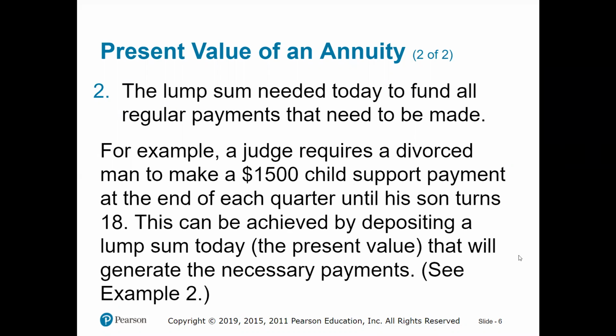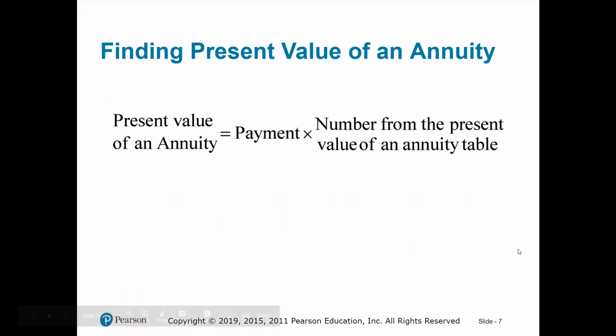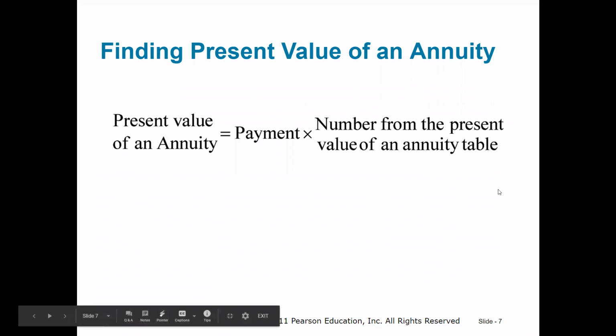For example, a judge requires a divorced man to make a $1,500 child support payment at the end of each quarter until his son turns 18. This can be achieved by depositing a large lump sum today, the present value, that will generate the necessary payments. See example 2. So we're going to go through both of those.